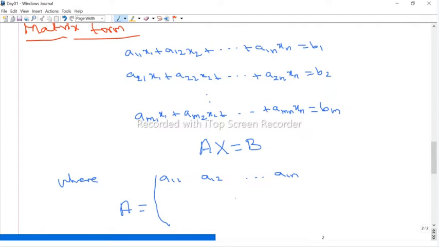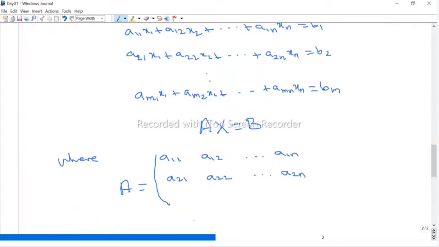Then the coefficients of the second equation go in the second row: a21, a22, etc., a2n, and finally the mth row: am1, am2, etc., amn.